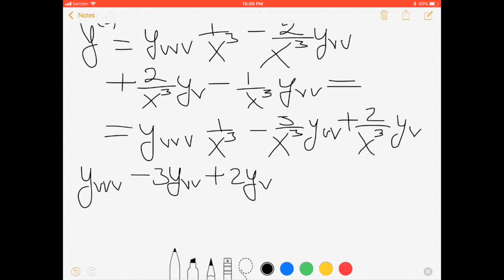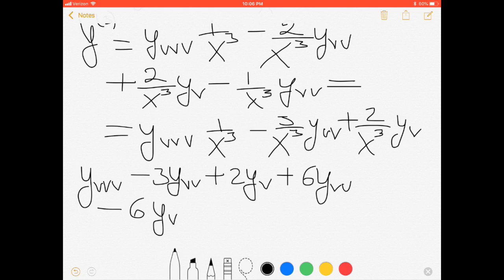It gives us plus 6 times the second derivative with respect to v, minus 6 times the first derivative with respect to v. That's it.